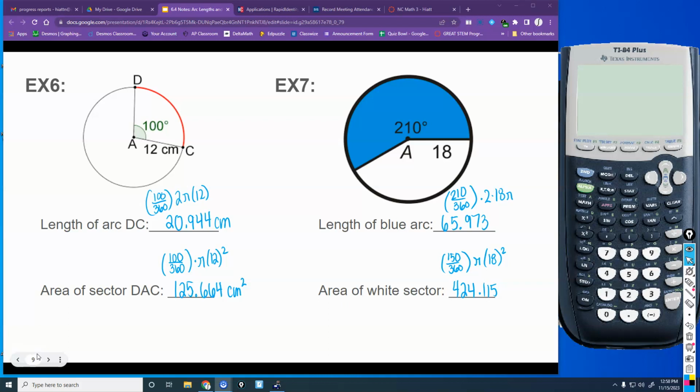So you're going to get 150 instead of using that 210 again for that. If they had asked for the blue, then you would just use the 210. Okay. Any questions on those?